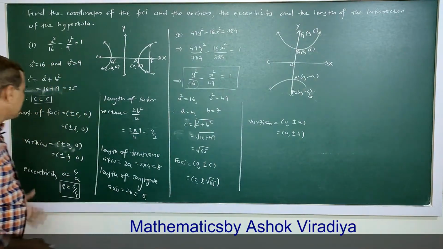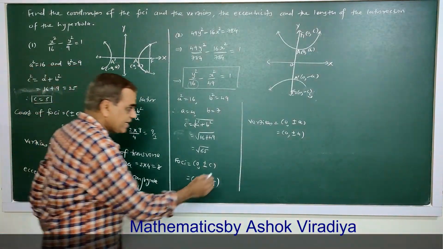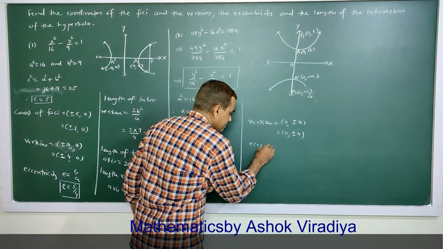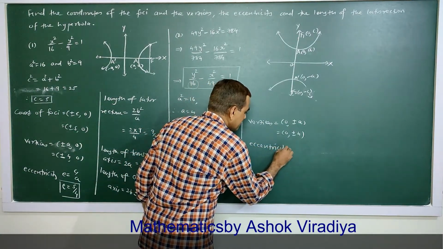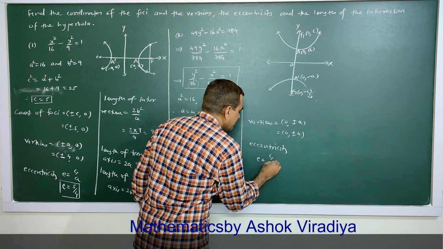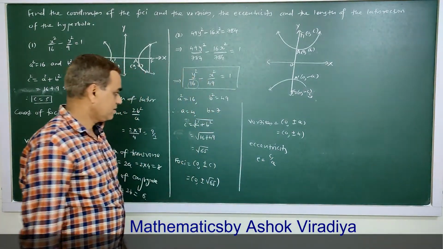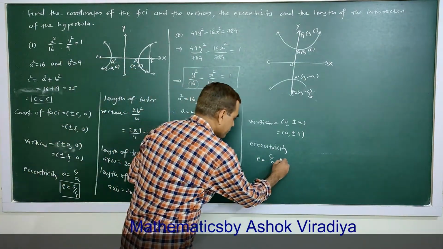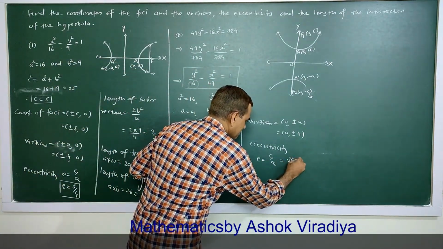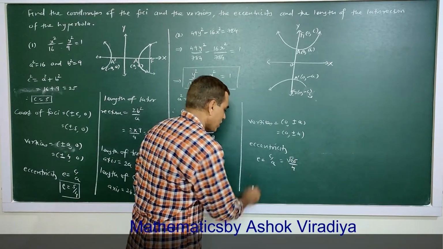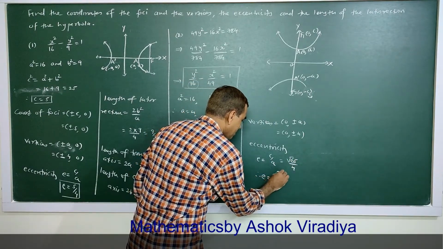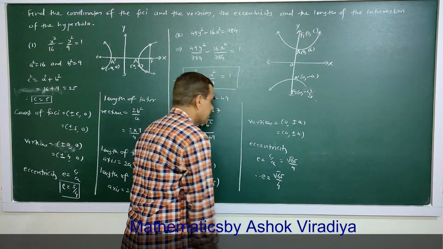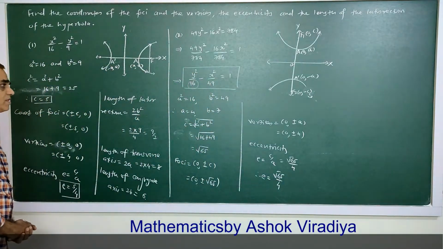Then eccentricity E is, formula C by A. C is root 65, A is 4, so eccentricity is root 65 by 4.